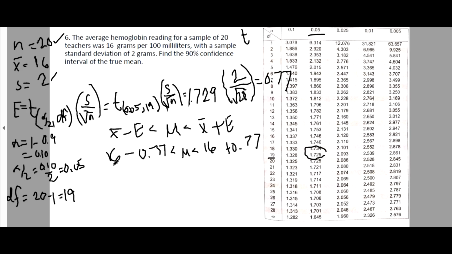So 16 minus 0.77 is equivalent to 15.23. And of course, we have 16.77 as our upper limit. Therefore, one can be confident that the population mean is between 15.23 and 16.77.